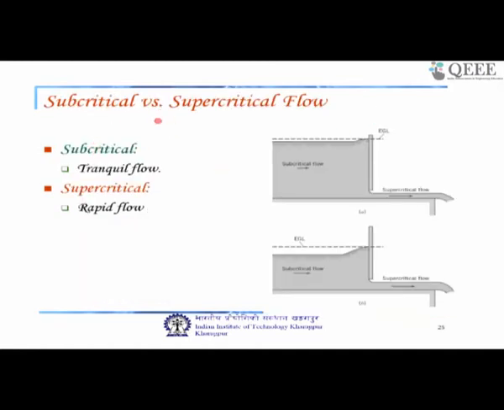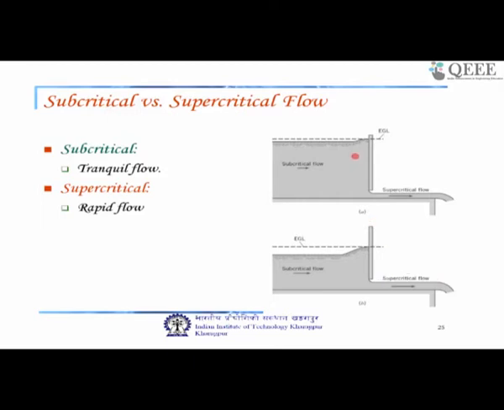So, what is this subcritical and supercritical flow? Subcritical flow is tranquil flow and supercritical flow is rapidly varying flow. If we have a gate, on the upstream section we have subcritical flow. This is the EGL, and at the downstream end we have supercritical flow.